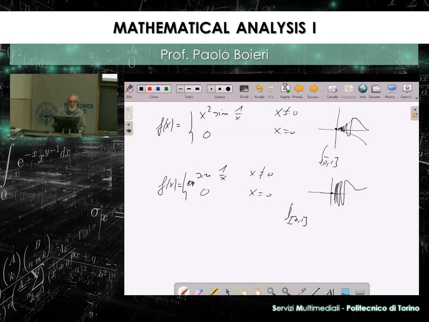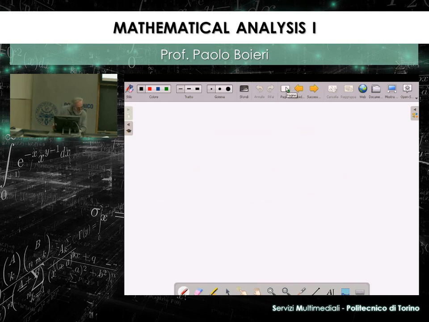Okay, about integrable functions, I will need another symbol, the set of integrable functions on an interval AB.